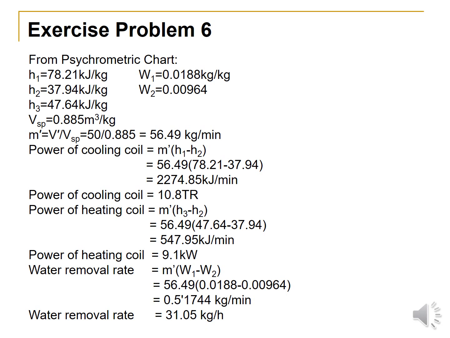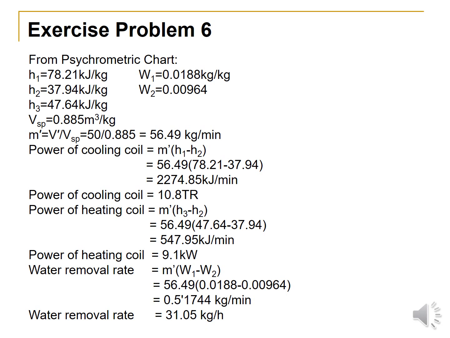So the power of the cooling coil will be recorded between points 1 and 2, because the cooling is done by two processes. Cooling plus dehumidifying is the cooling process actually. So it is m prime into H1 minus H2.